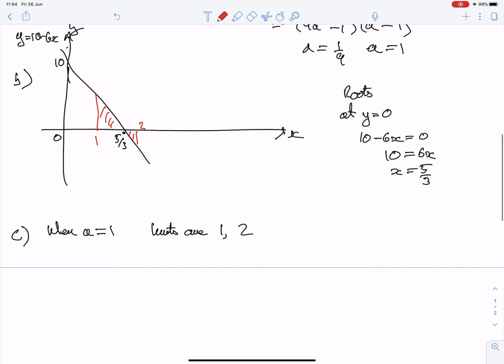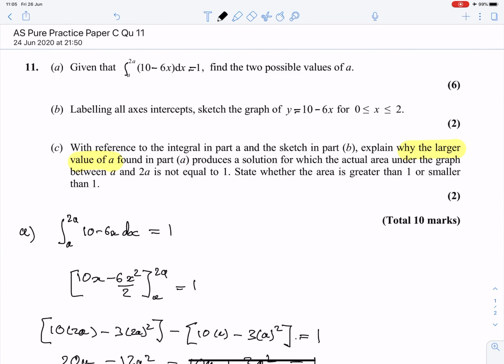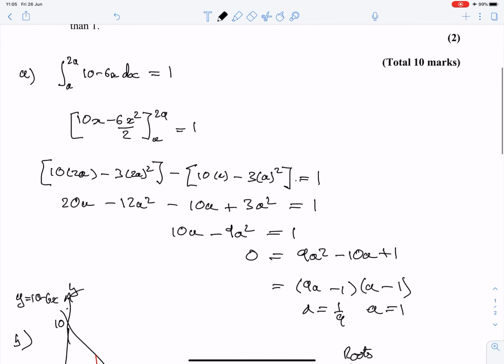So let's read the question again and see how we're going to answer it. State whether the area is greater than 1 or smaller than 1. Produce a solution for which the actual area under the graph between A and 2A is not equal to 1. State whether it is greater than or smaller than 1.